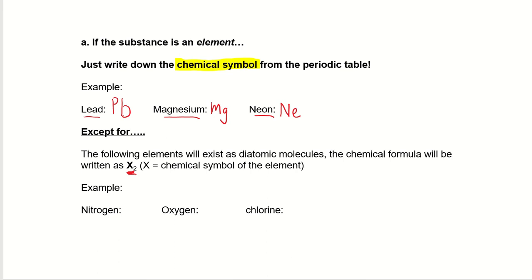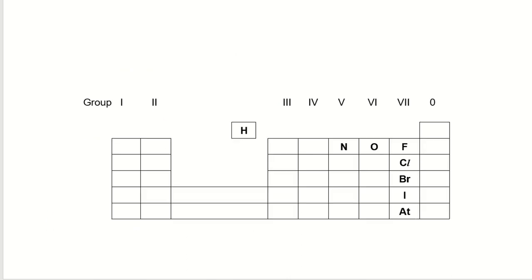So what are these elements that are the exception? You may want to take out your periodic table and highlight them. So it forms a 7 in your periodic table, plus hydrogen. So hydrogen, nitrogen, oxygen, and all the group 7 elements all exist as diatomic molecules.